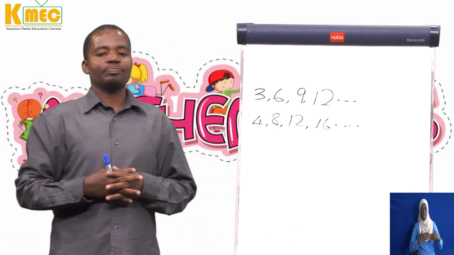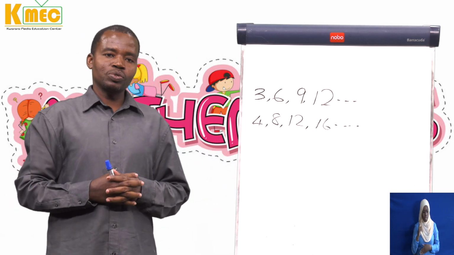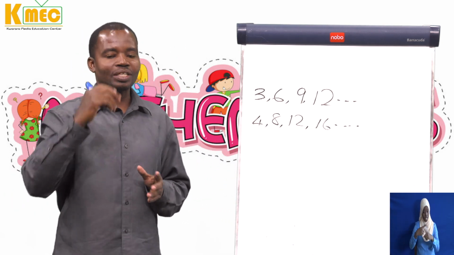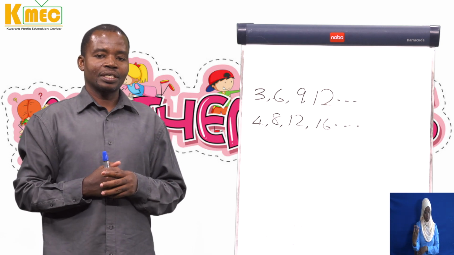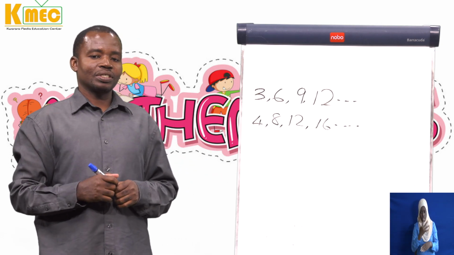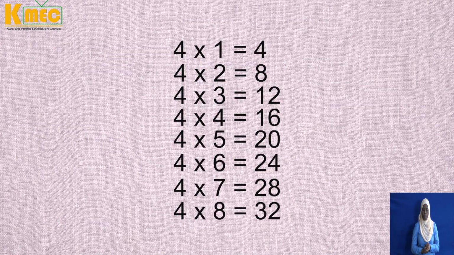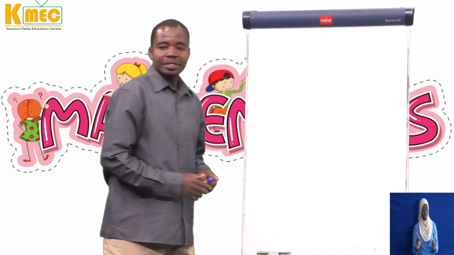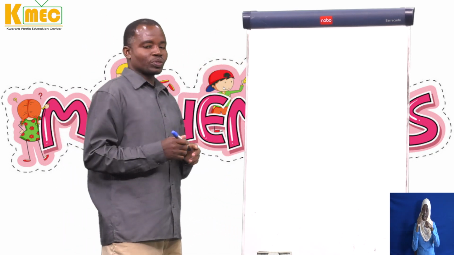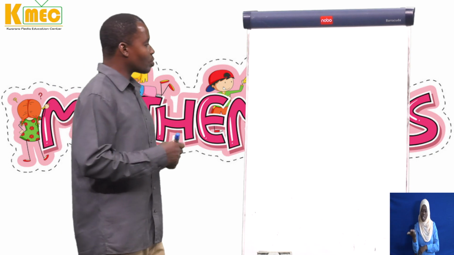My dear viewer, can you please list multiples of 4 less than 31? You may use the multiplication table. Okay, very good. So the multiples of 4 less than 31, what are they?